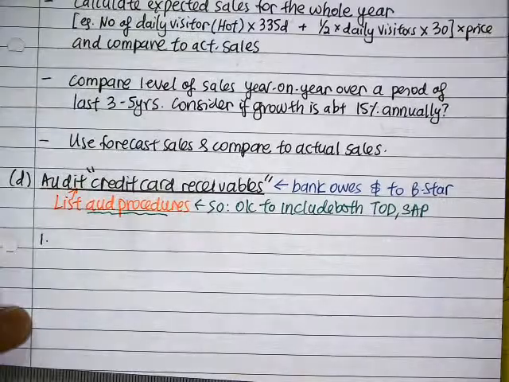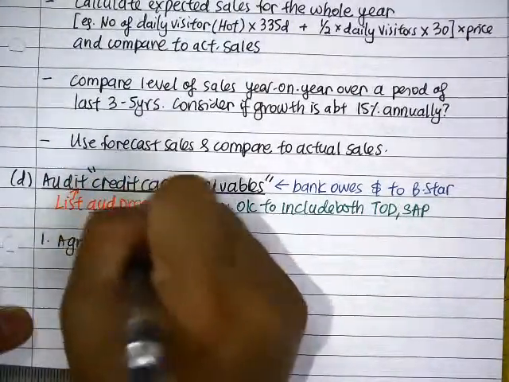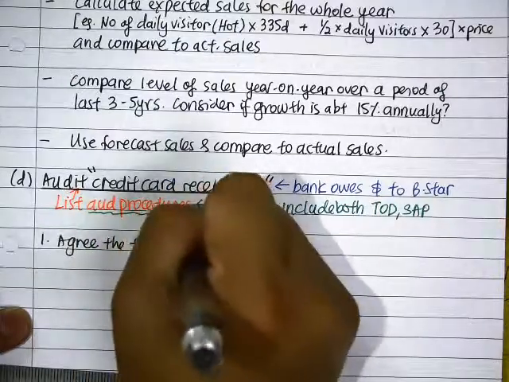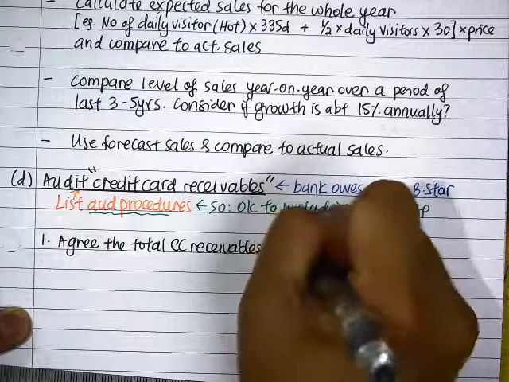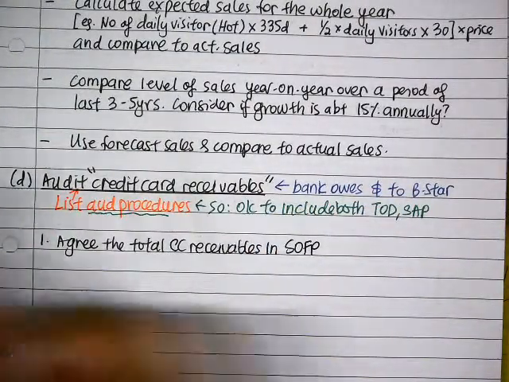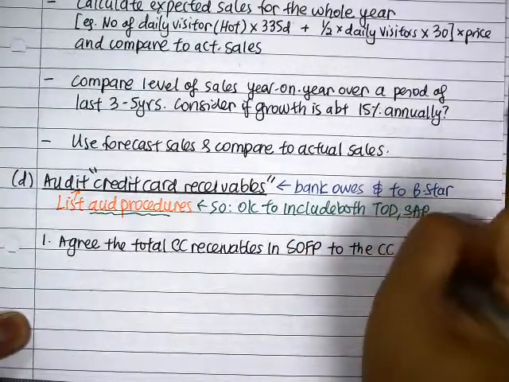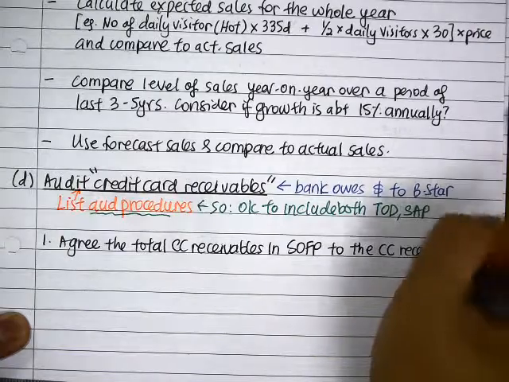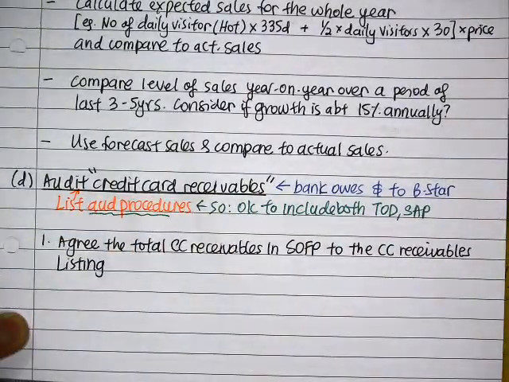Okay, so what's my standard procedure? Agree the total credit card receivable in the SOFP to the credit card receivable listing.